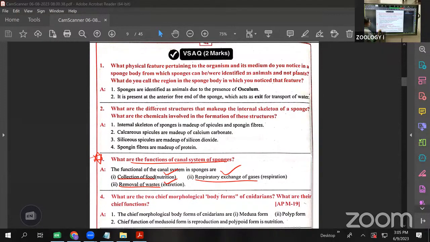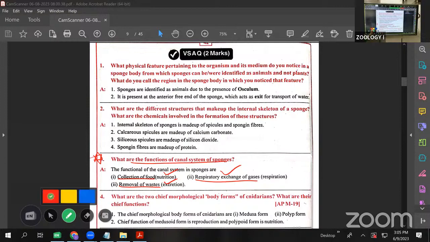Next question. What are the two morphological body forms in the cnidarians? What are their chief functions? Here, the cnidarians have metagenesis actually. They have two morphological forms.